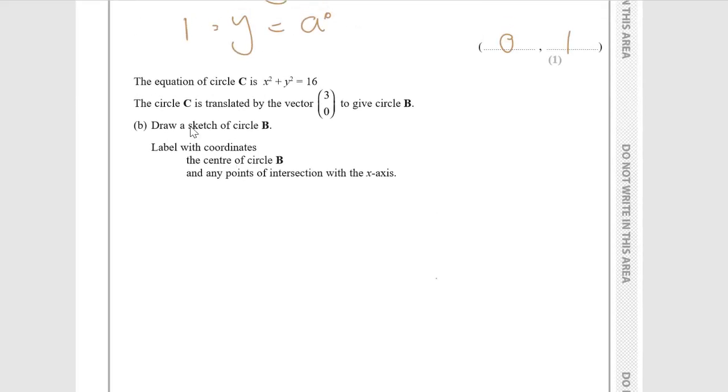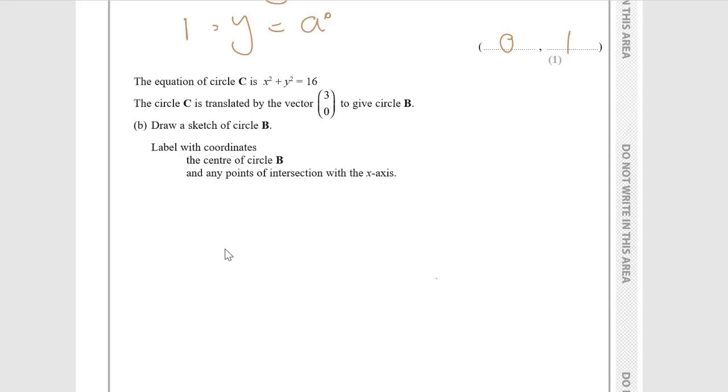The next part says that the equation of the circle C is x squared plus y squared equals 16. The circle C is translated by the vector 3, 0 to give circle B. Draw a sketch of circle B. Label with coordinates the center of circle B and any points of intersection with the x-axis.